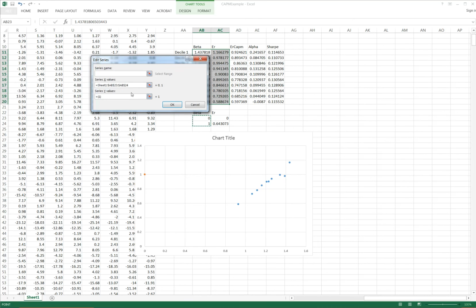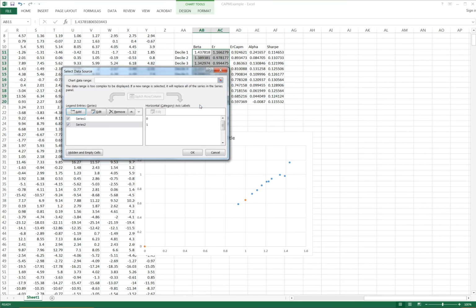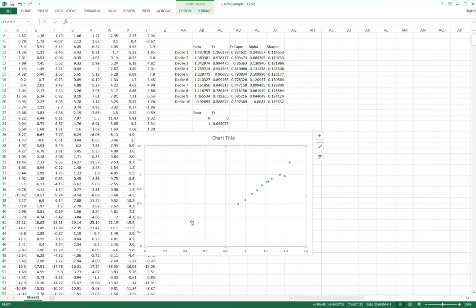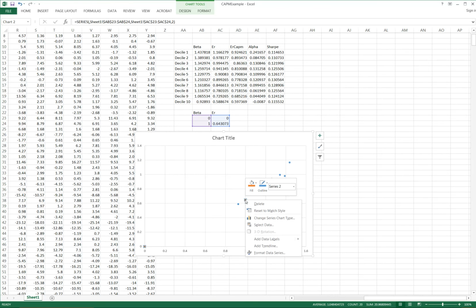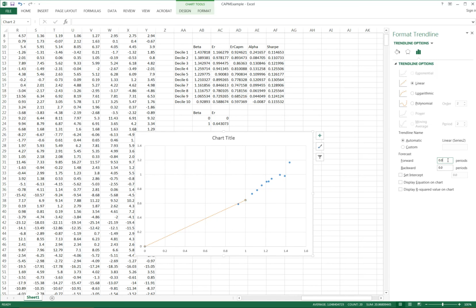Plot the betas, plot the expected returns, and say OK. And let me add a trend line to that. And I'll just extend that out a little bit so it looks pretty.